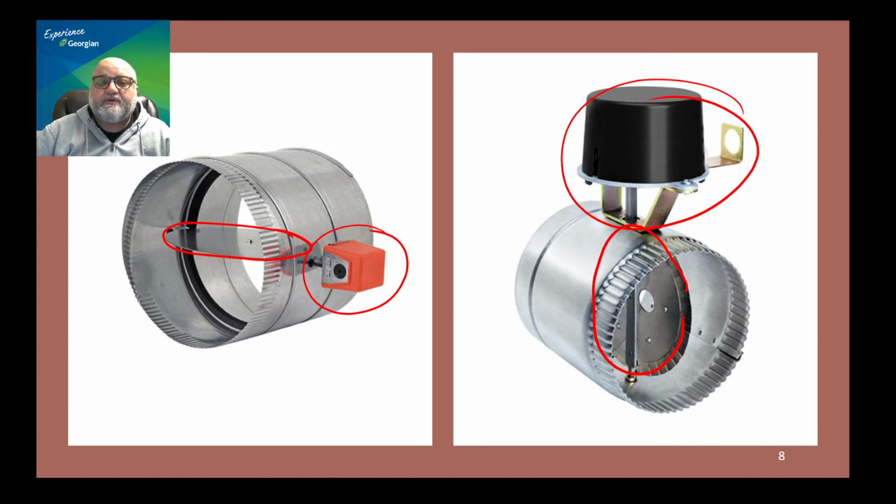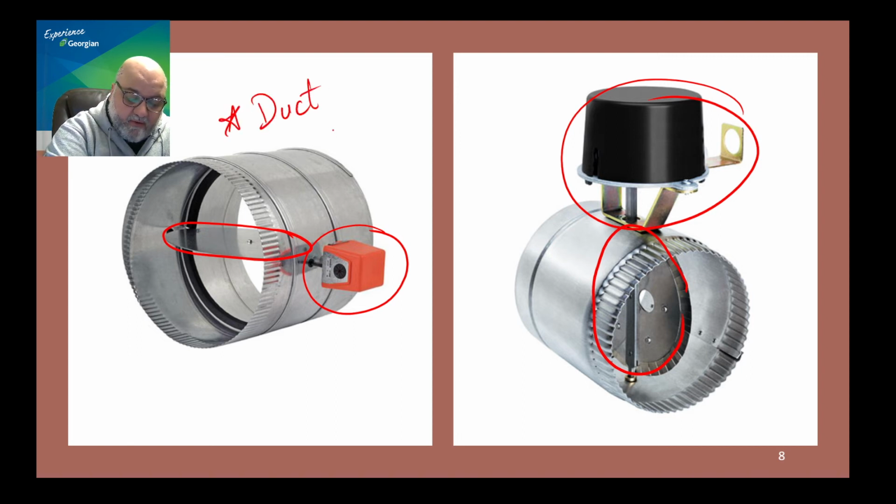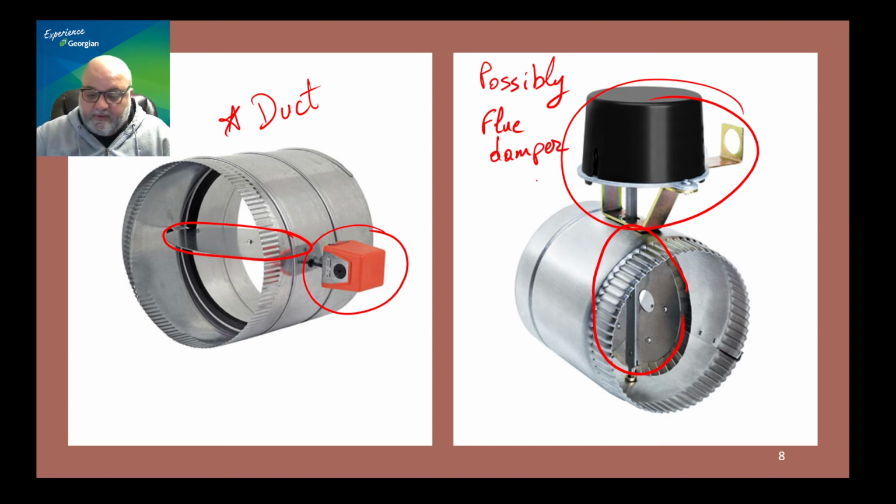So when you look at a vent component, you need to be careful to identify what they are. I would say one here is an air duct component, but this can possibly be a flue damper, as we have seen on a burner on a boiler there.